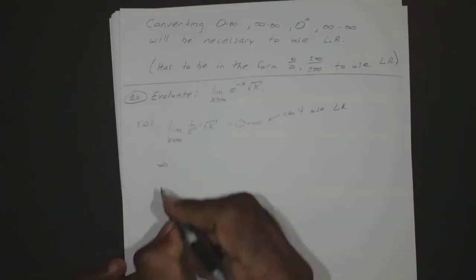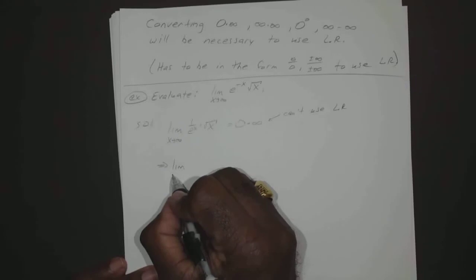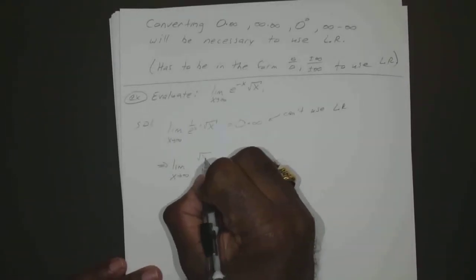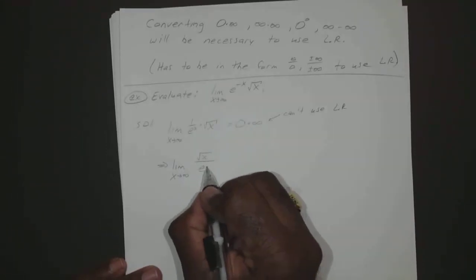Okay. So you actually can convert it as x approaches infinity, square root of x over e to the x. Okay.